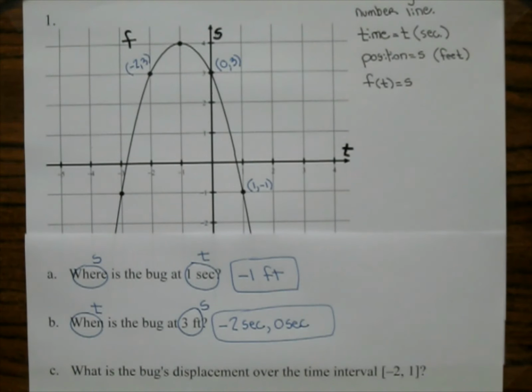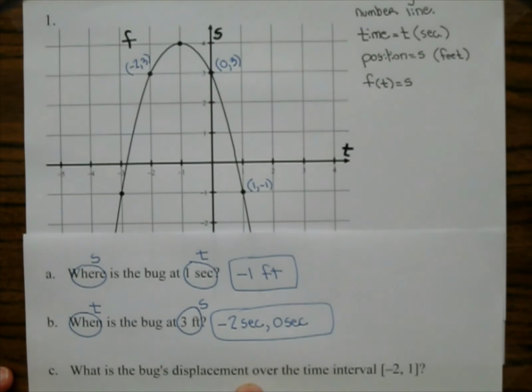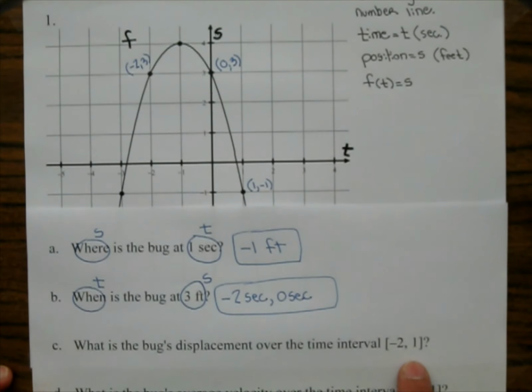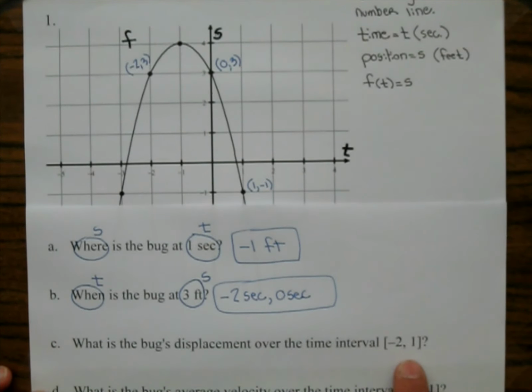Now, the next question, it says, what is the bug's displacement over the time interval -2 to 1? Now, when we have a bug diagram, hopefully that's in the picture, we can just count the displacement. It's a snapshot. At -2 seconds, the bug is somewhere on the number line, and then at 1 second, the bug is somewhere else, and then we say, how much displacement was there?